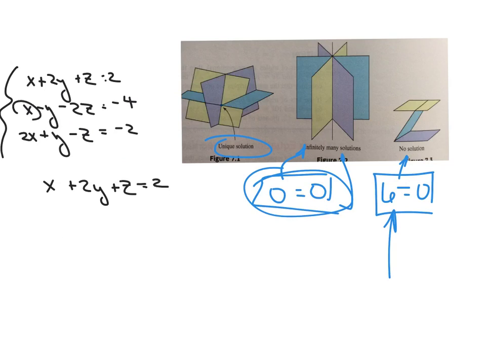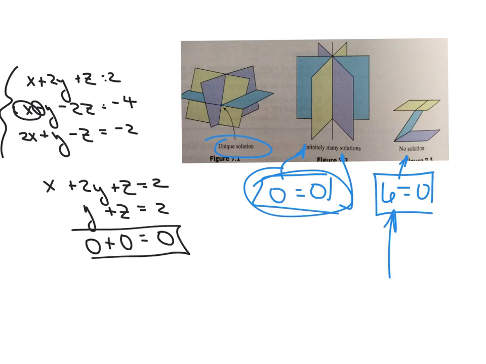You eliminate this x, eliminate that negative, and once the dust clears you end up with this for your numbers. Then you do the next one, and you get 0 plus 0 equals 0. Your y's and z's disappeared and became zeros. That means we have an infinite number of solutions, and you just stop there.